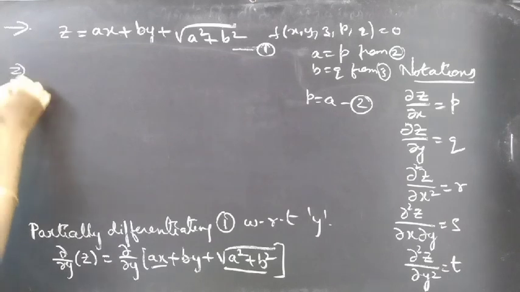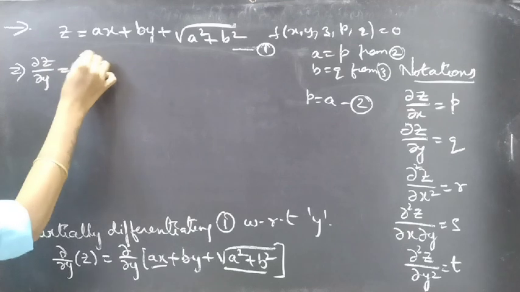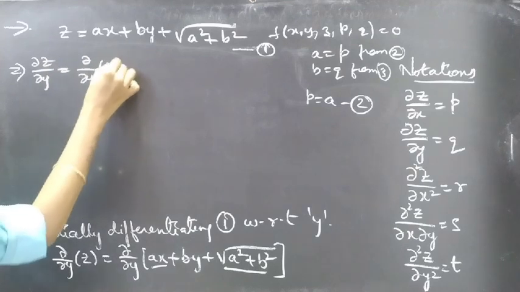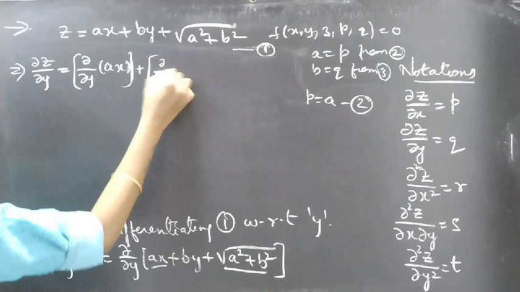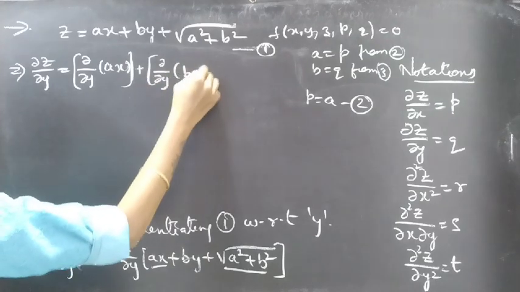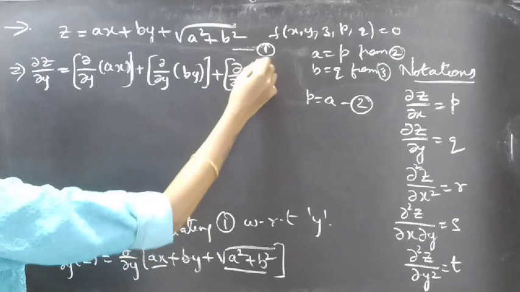Since z is a function of x and y, you'll get ∂z/∂y equal to the partial derivative of the first term plus the partial derivative of the second term plus the partial derivative of the last term.